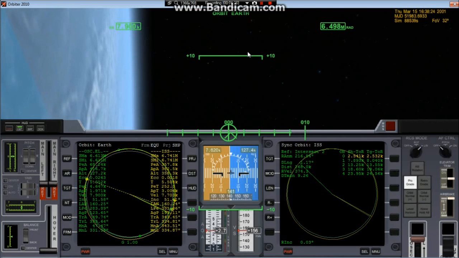We're going to do this using the translation boosters. And we're going too fast, so we're going to slow down by doing a retro burn.